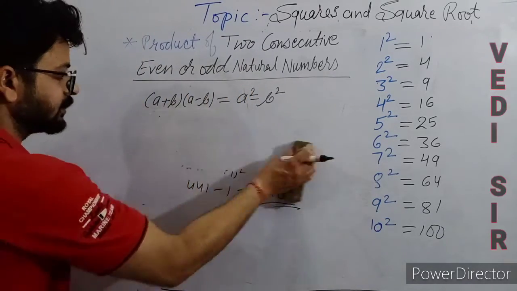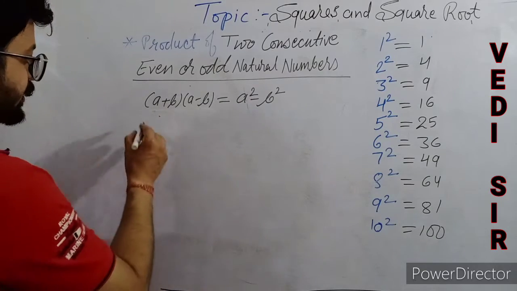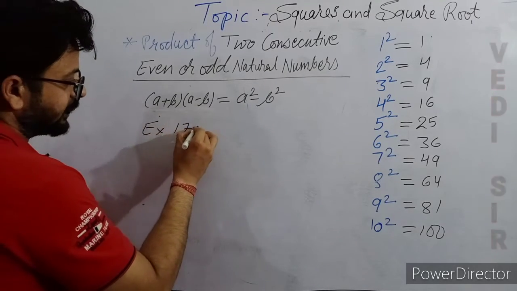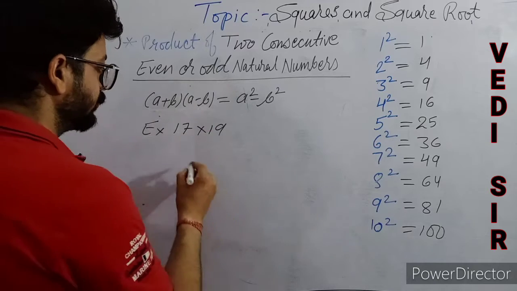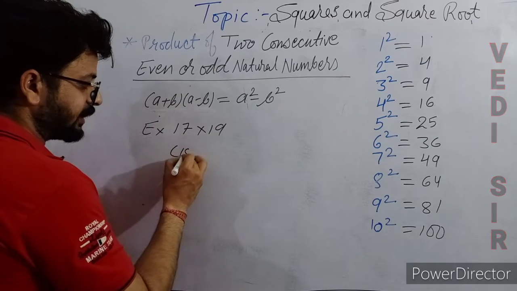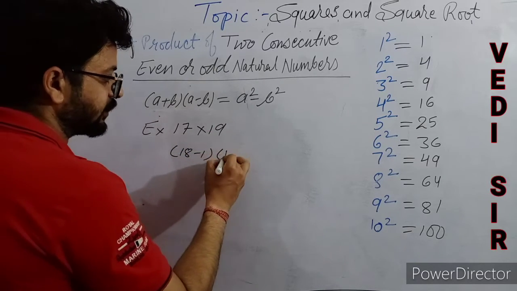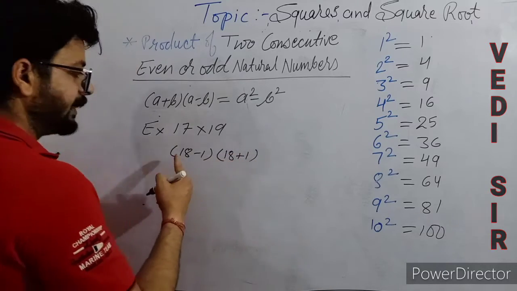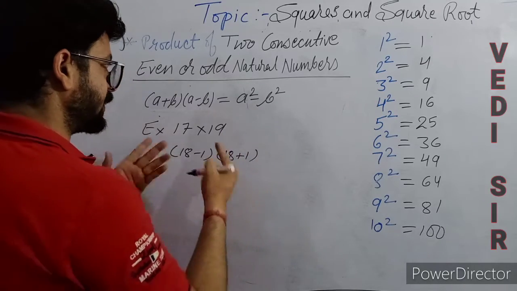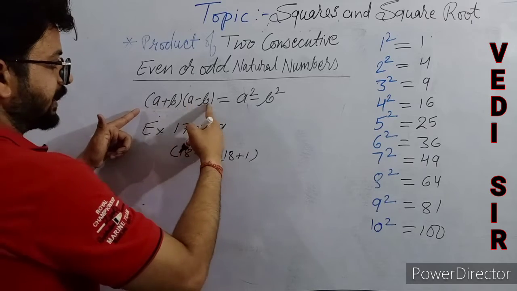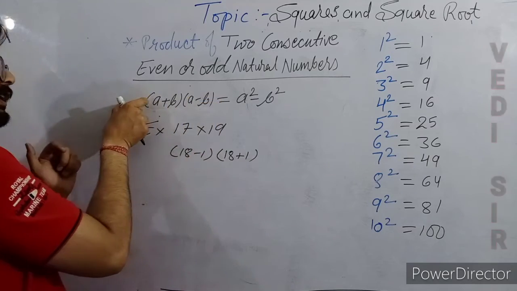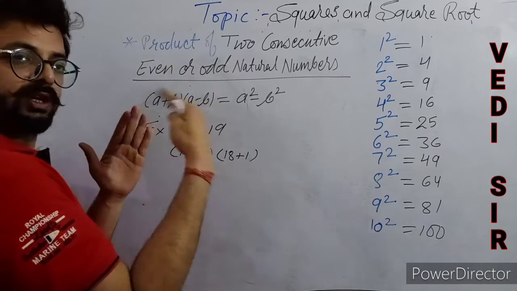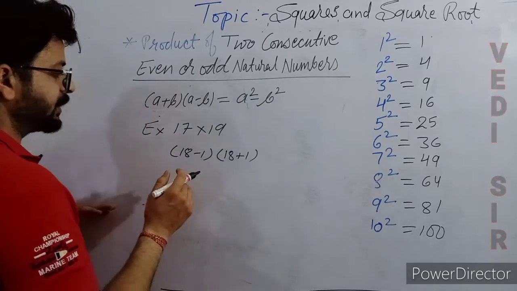Now another example for odd numbers, like 17 into 19. In the same way, 17 we can write as 18 minus 1 and 19 as 18 plus 1. Now a minus b and a plus b. A minus b can come first or a plus b can come first, it is not a big deal.